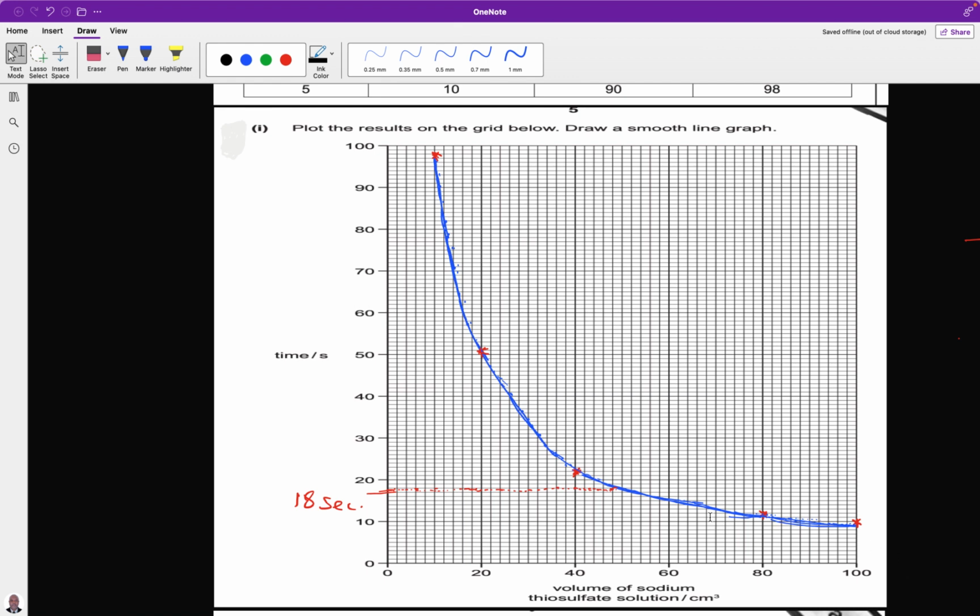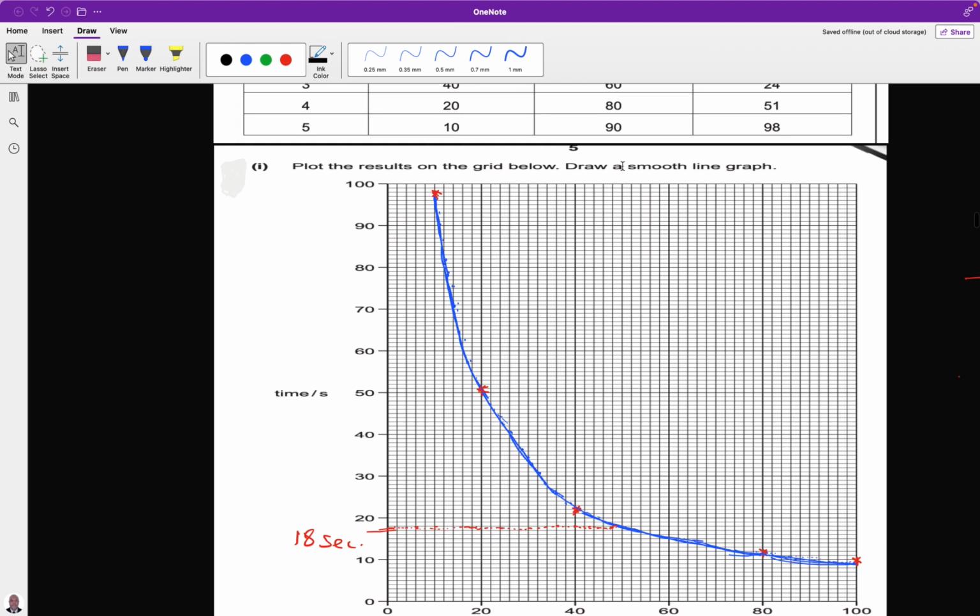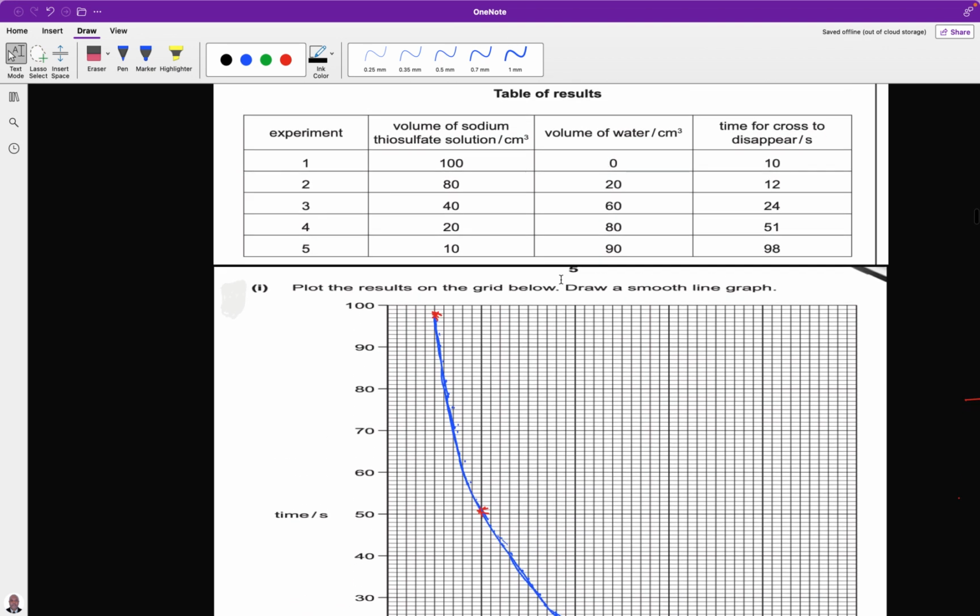The time for the cross to disappear decreases. So as the volume increases, it means the concentration of sodium thiosulfate increases, then the time. So our question was just what? Draw a smooth line curve using the data that have been given.